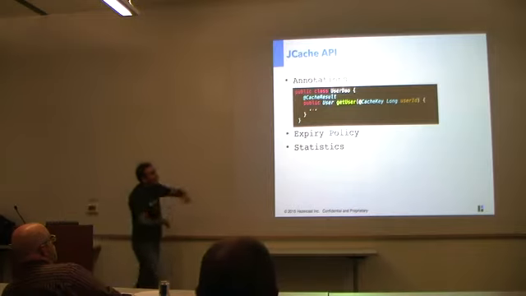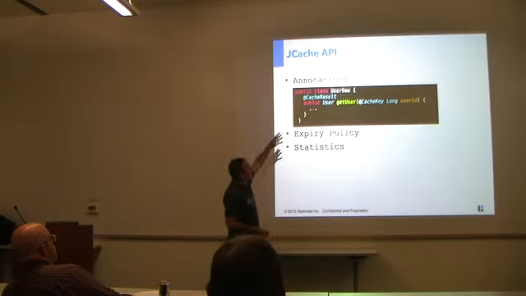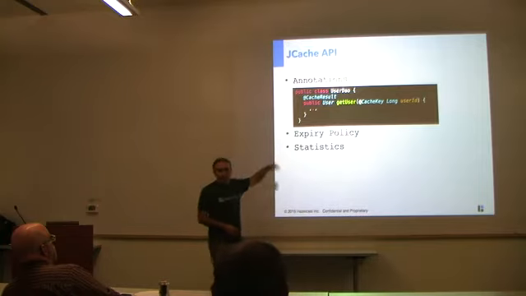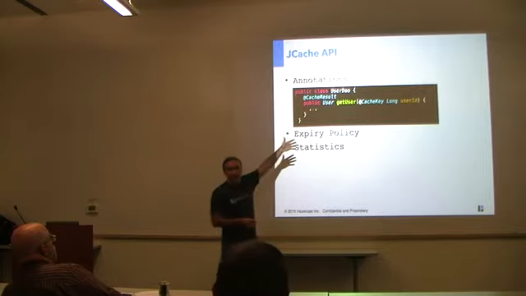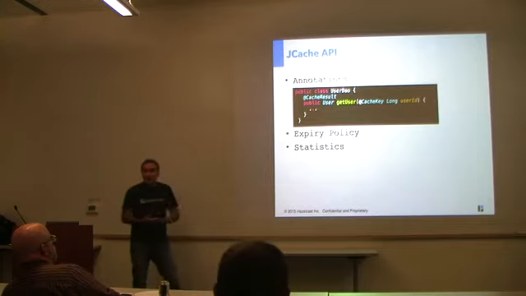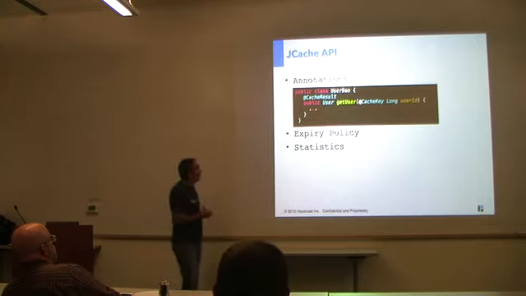Annotations, this is beautiful. Spring has had something like that for a long time. You can cache the result of the invocation. You can say cache the result of this call, and the underlying container will do the job.